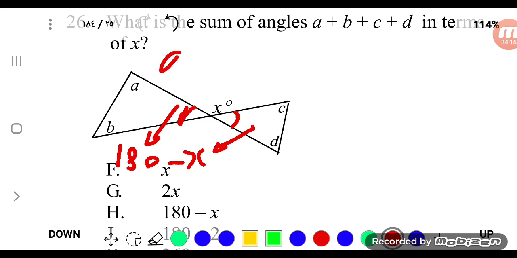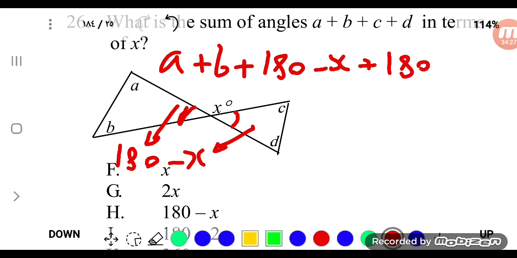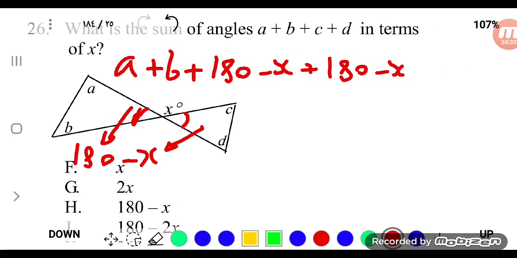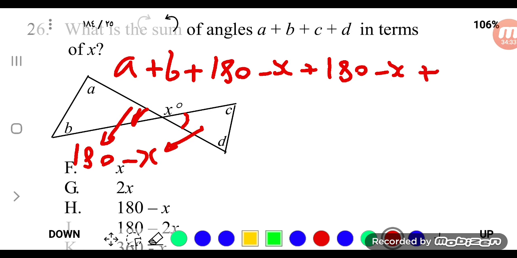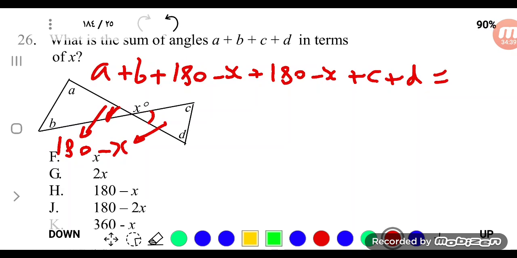That's why I can write A plus B plus 180 minus x plus 180 minus x plus C plus D is equal to 360. Now you have to solve for the sum of angles. Here you can simplify: 180 plus 180, 360, is cancelled with 360 on the right hand side.